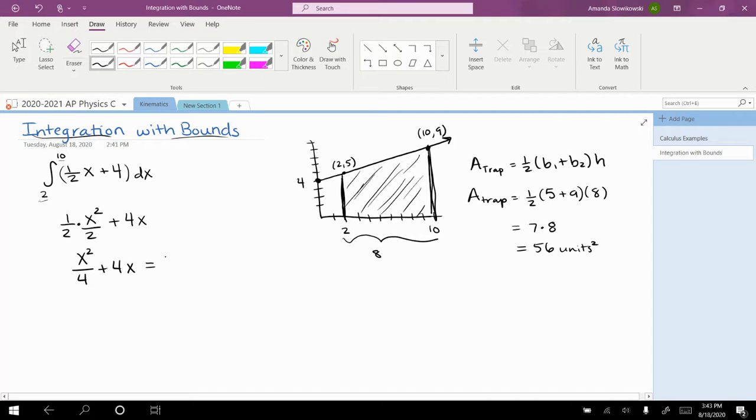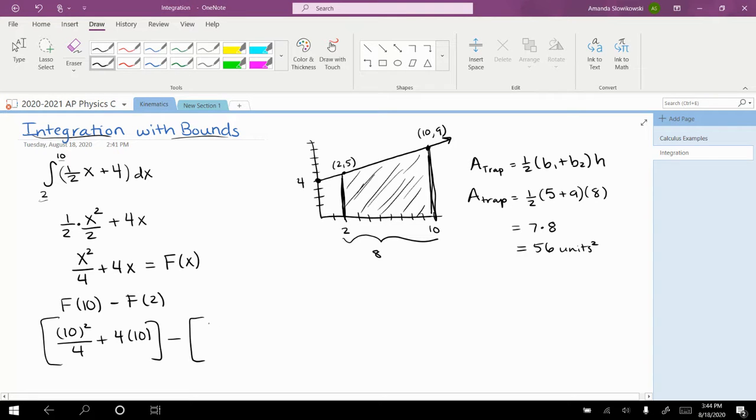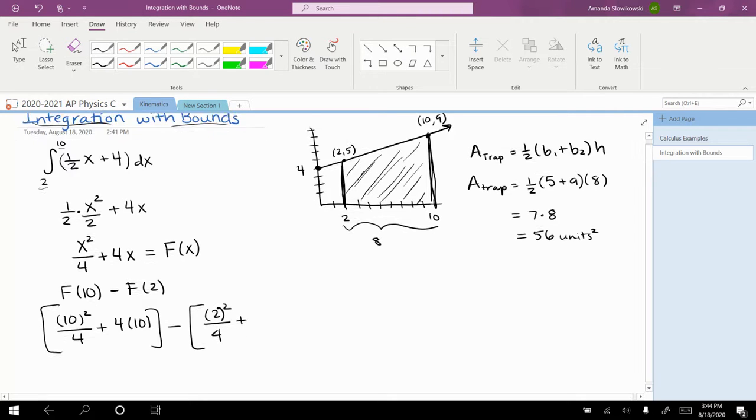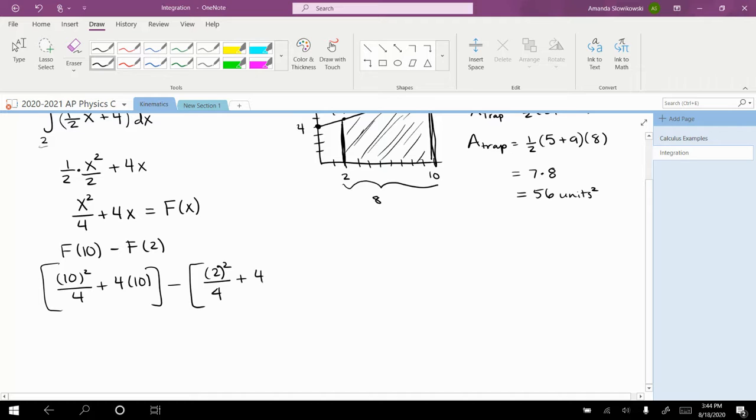This is our big function, F of x, okay? And so we're going to do F of 10 minus F of 2. All right, so F of 10 is basically 10 squared over 4 plus 4 times 10. That's our F of 10. And we're going to minus F of 2, which is 2 squared over 4 plus 4 times 2.